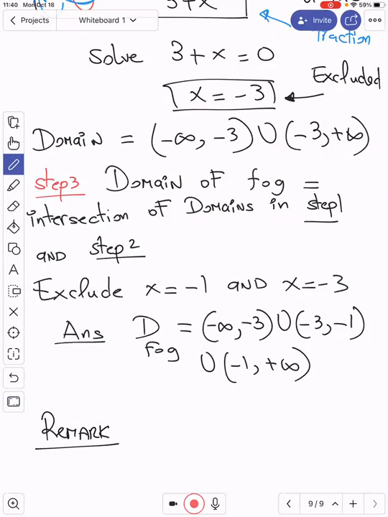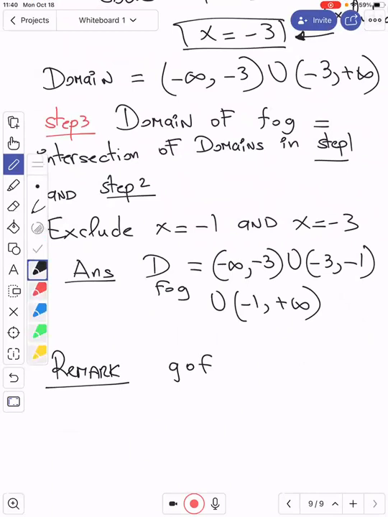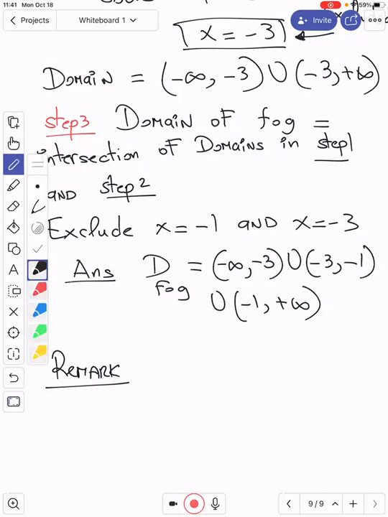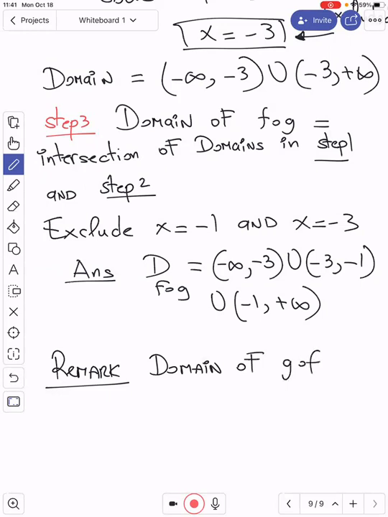So let me just say, for g composed with f, as a first step, step 1, we want to find the domain of g composed with f. This is very different from f composed with g, because it's a different function. It's just different functions.